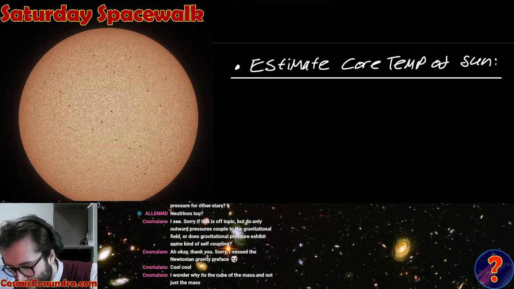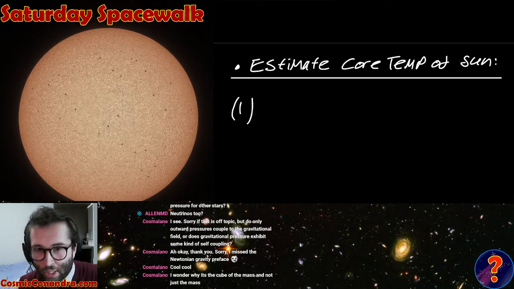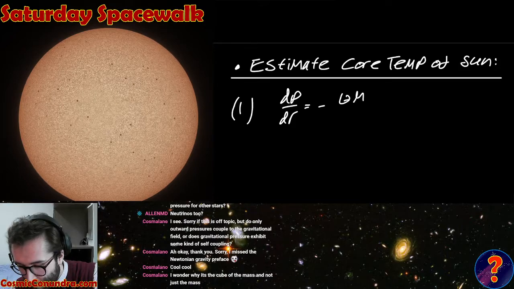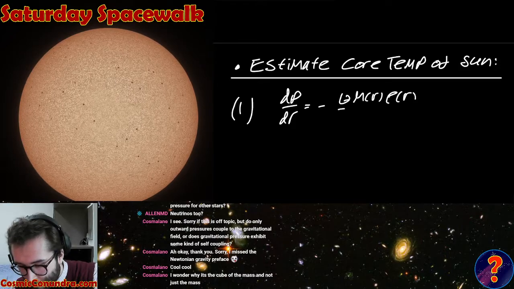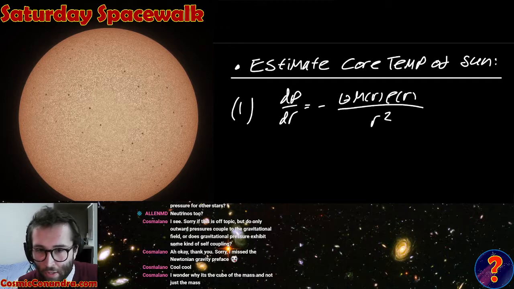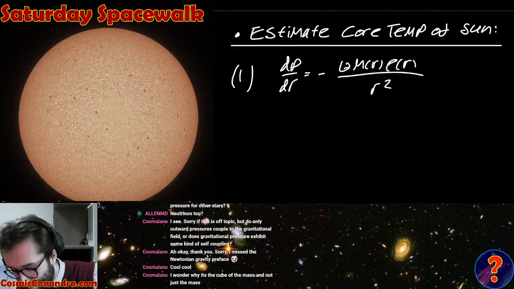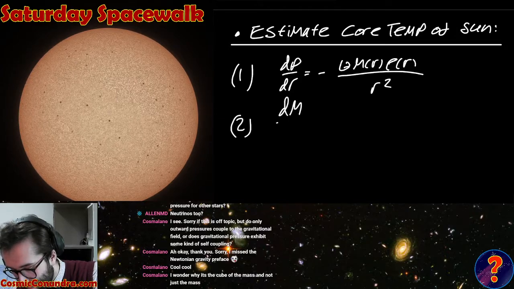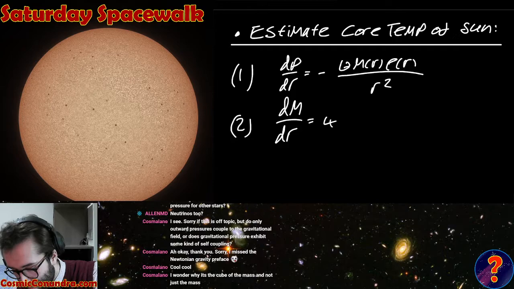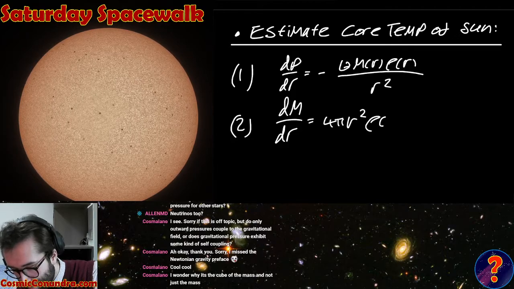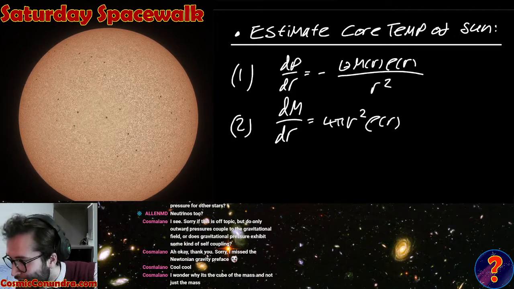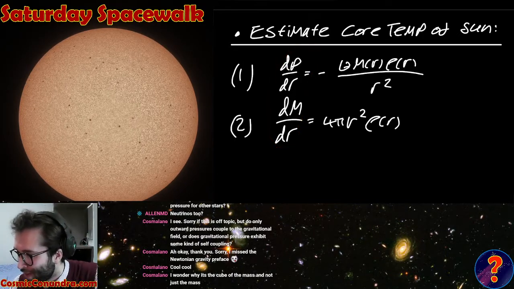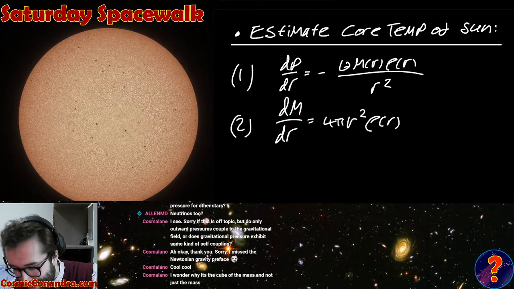We're going to use the hydrostatic equilibrium equation, and we're going to use the mass continuity equation, which was equation 2. And these two things are kind of dying to be multiplied together in some chain rule-y way to eliminate r. So that's the first thing we're going to do.